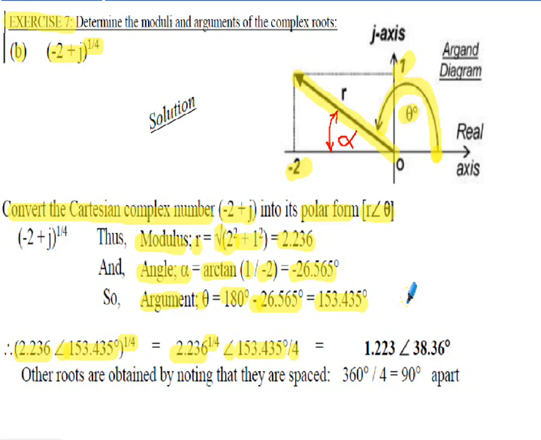That resolves to the fourth root of 2.236 is 1.223, and 153.435 divided by 4 is 38.36 degrees. So that's our first root that we've calculated, and all other roots are obtained by noting they are spaced 360 degrees divided by 4, the fourth root in this case, that are spaced 90 degrees apart on the Argand diagram.